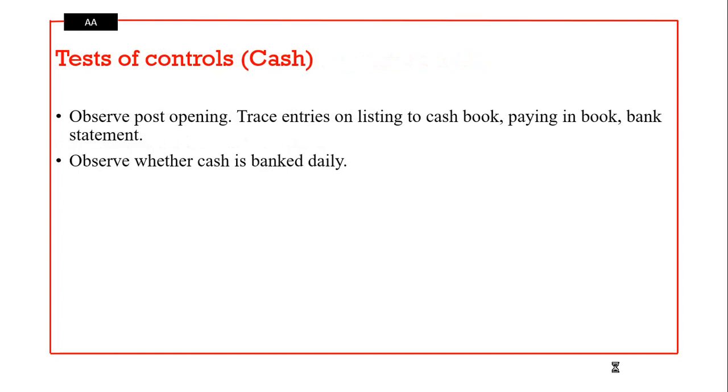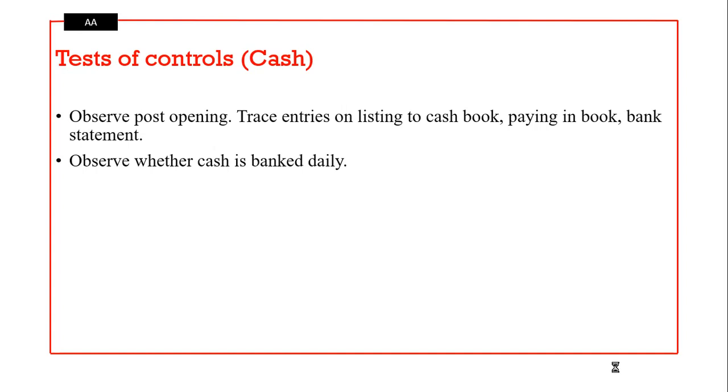All right. What does the auditor get to do? Observe post opening for cash received via post, trace entries on the listing to the cash book, paying in book, and bank statement. Of course, these three records must speak the same language. Observe whether cash is banked daily or not.